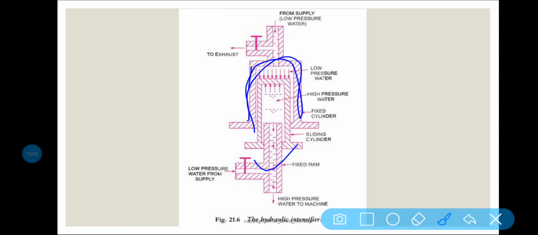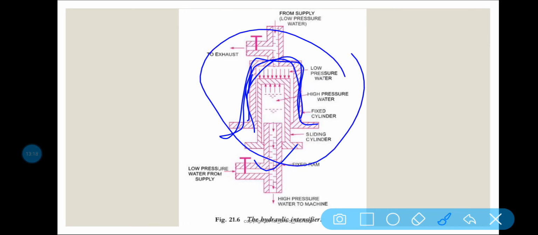This is your fixed inverted cylinder. Clear? Surrounded by the fixed inverted cylinder which contains the water from the main supply at a low pressure. Okay, you can see here.